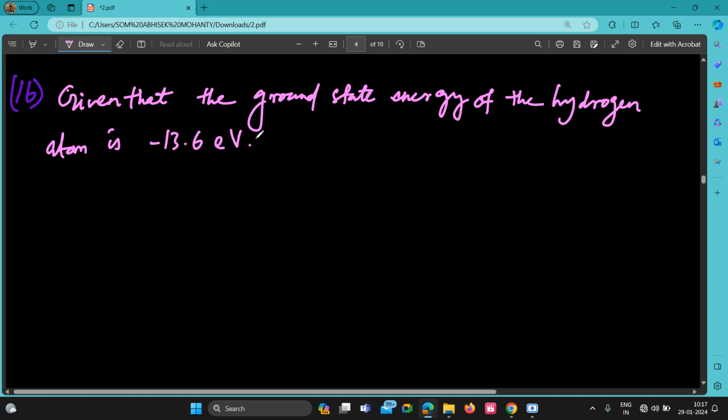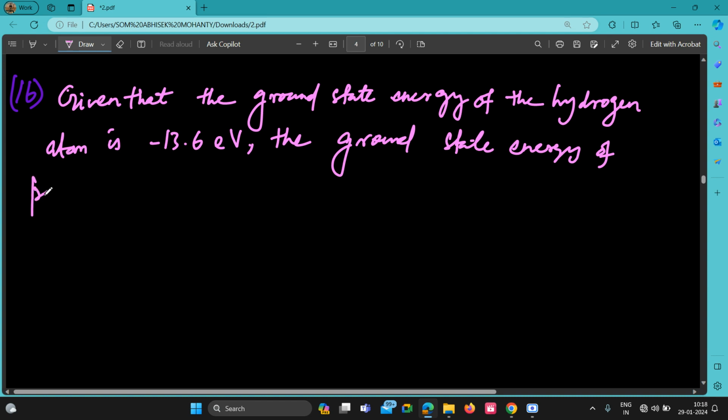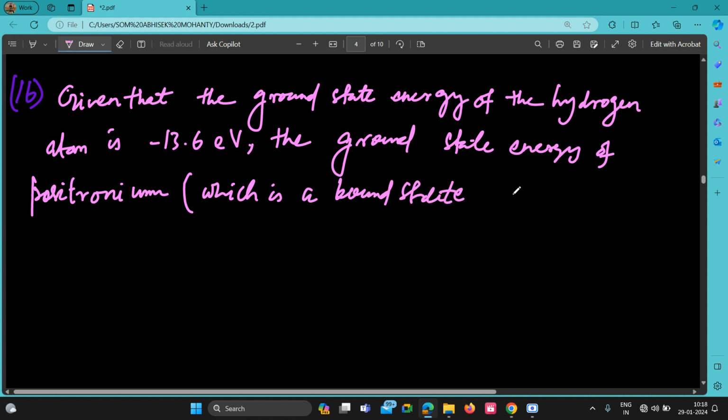The ground state energy of the positronium atom, which is a bound state of electron and positron, is?